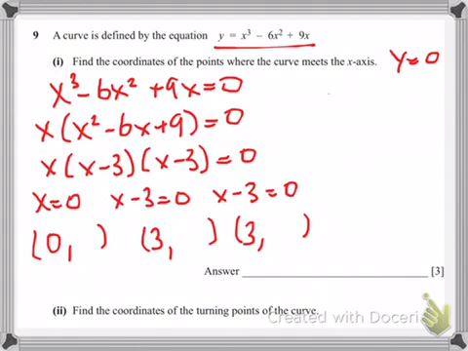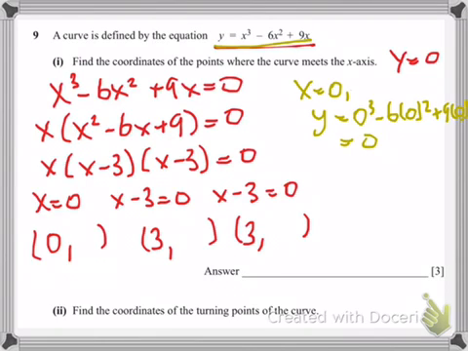Now, to find the y value of the coordinate, we just sub in the x value into the top equation. So, when x equals 0, y is equal to 0 cubed minus 6 times 0 squared plus 9 times 0, which is 0.